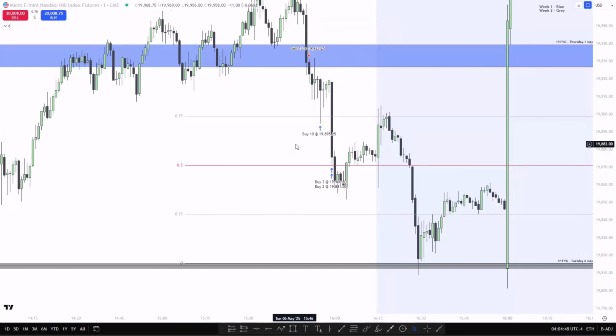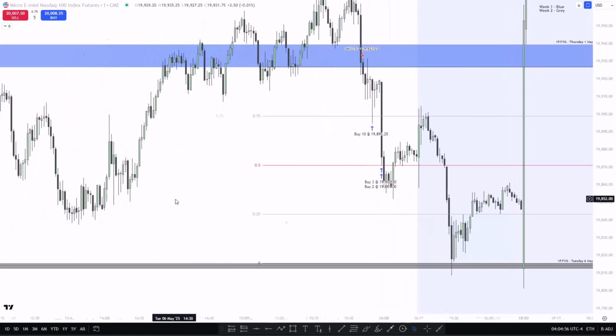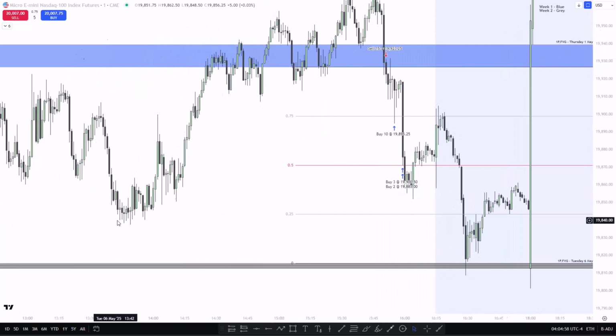Okay, you will see how price travels down below this first presented fair value gap of Tuesday. I was targeting this piece of price action here, and actually exited a little bit earlier because it was already 4 o'clock. So these two exits that I had, they were time-based exits. Okay.